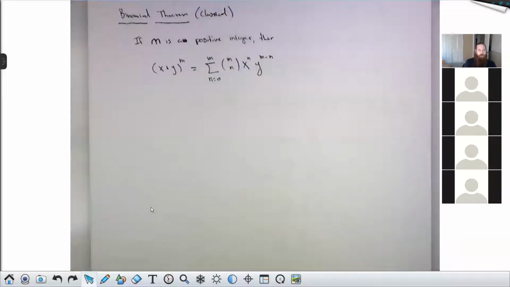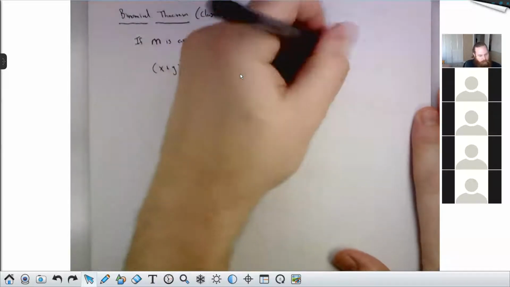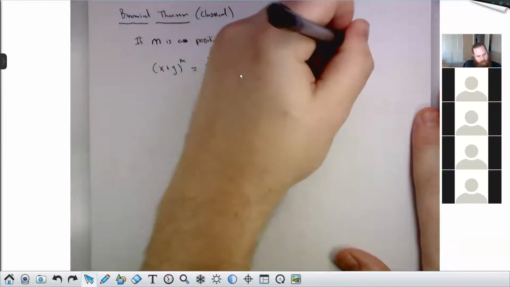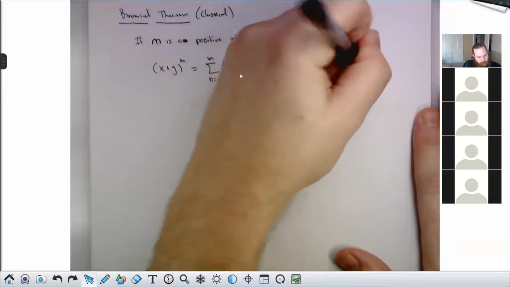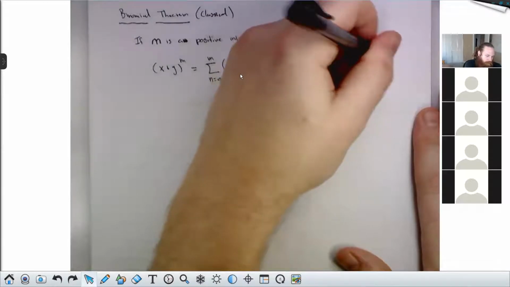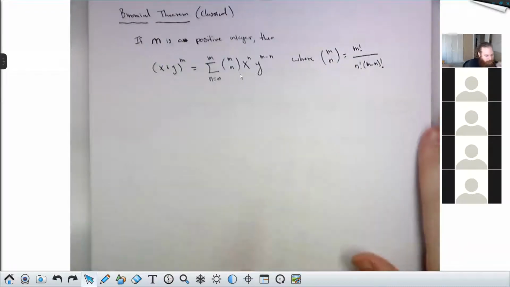Where m choose n, this thing in the middle here, is the binomial coefficient. It's usually expressed in terms of factorials as m factorial over n factorial times m minus n factorial. But it can also be written other ways.